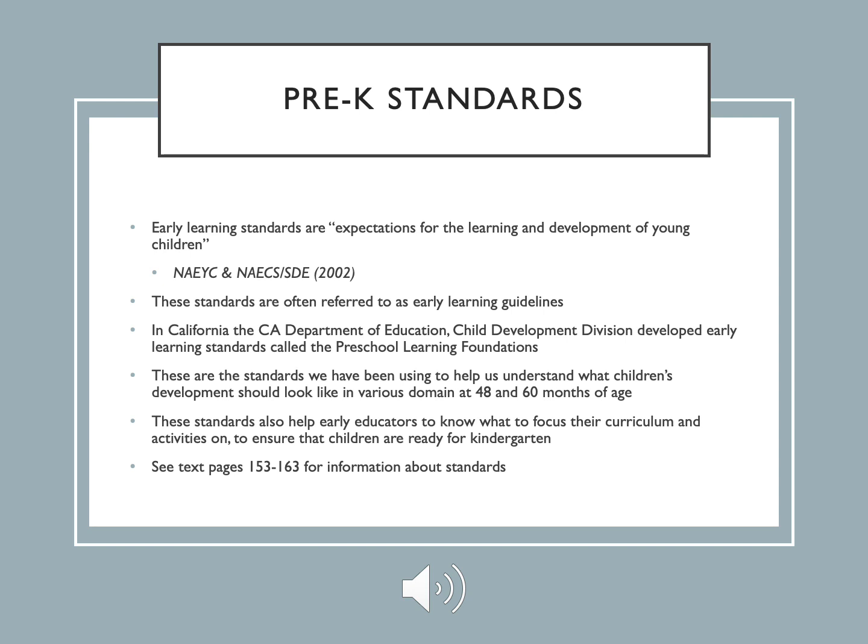So these are guidelines that align with a child's age and help us to better prepare children for the next steps in school. And there's information more in your textbook about the standards, so I recommend checking that out from 153 to 163. So knowing what the different pre-K standards are, and these should align with developmentally appropriate practices, as well as the learning foundations that we talked about.